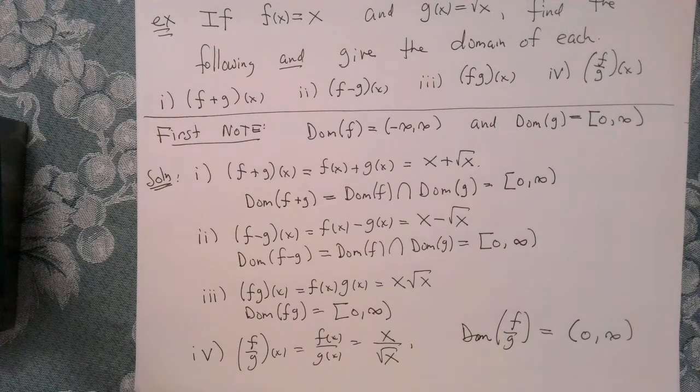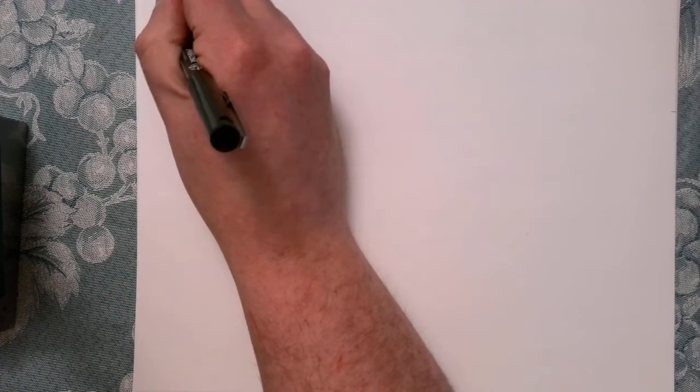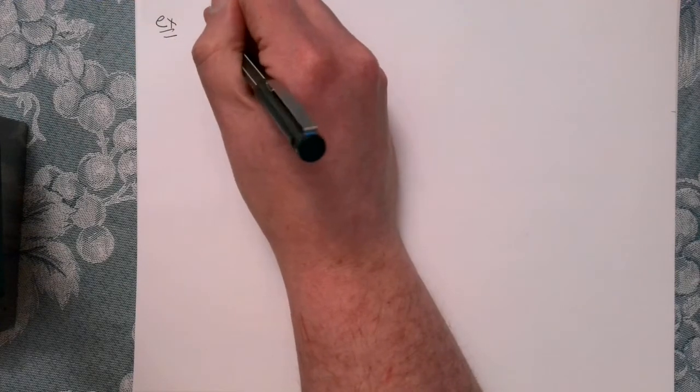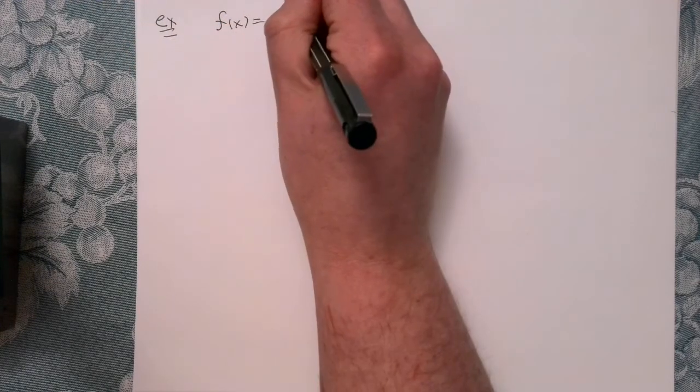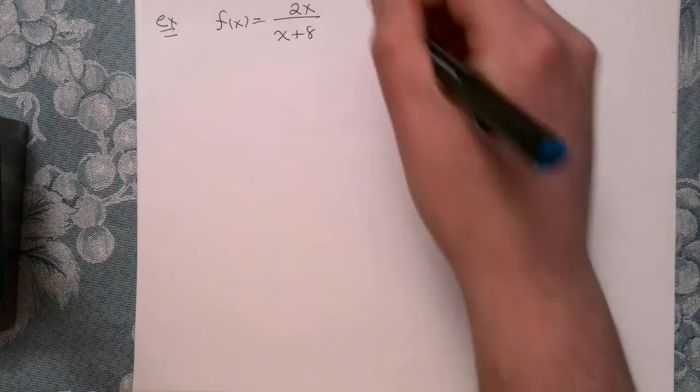Okay, so let's look at a couple more complicated functions. All right, so for example, let's say we have the following. So let's say f of x is equal to 2x over x plus 8.